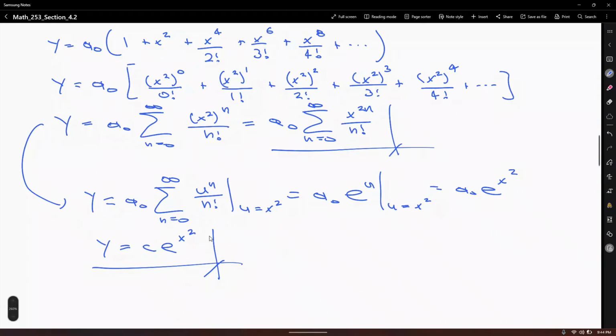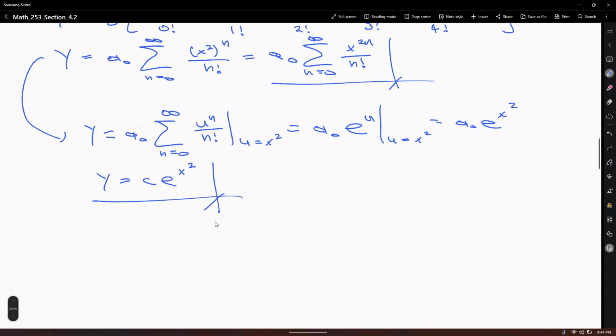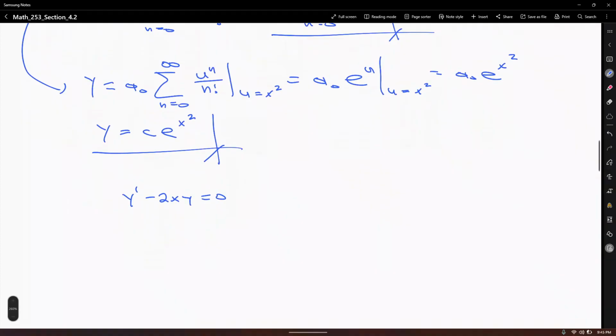Now, let me go back to the original differential equation, again y prime minus 2x y equals 0. We can very well solve this differential equation using separation of variables. So y prime equals 2xy, which is dy dx equals 2xy. Separating the variables, dy over y equals 2x dx.